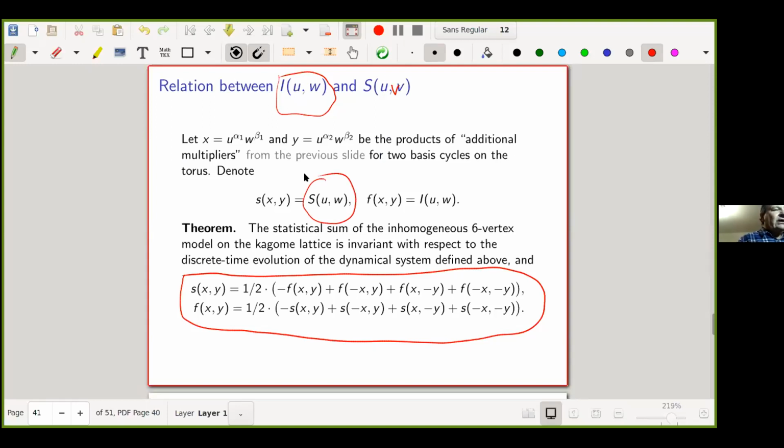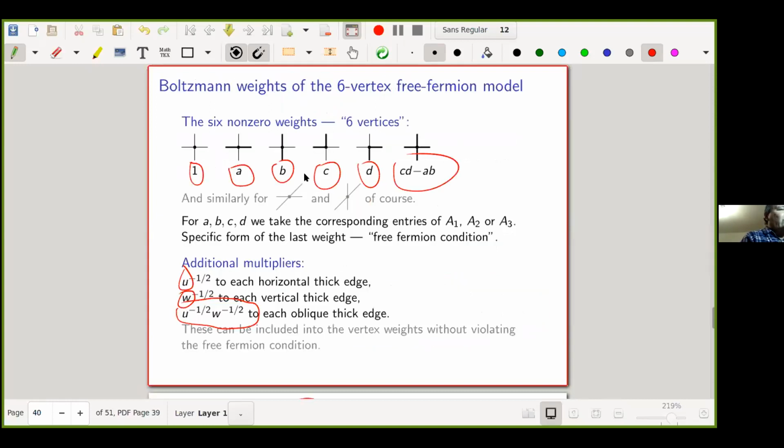So again, for U and W in the statistical sum, you just multiply these weights as is written here, and take notice that such multiplying does not violate this free-fermion condition.